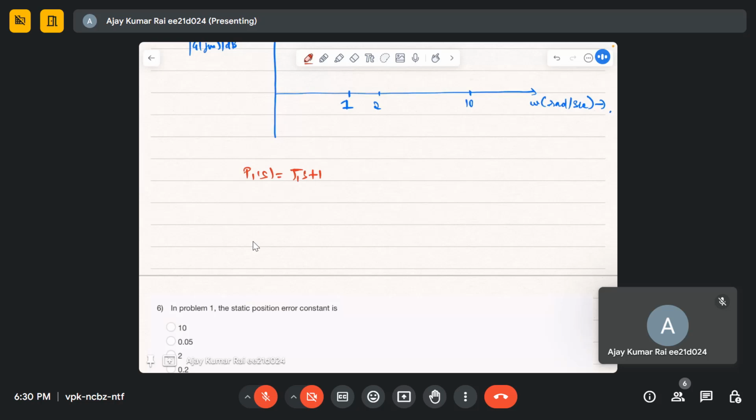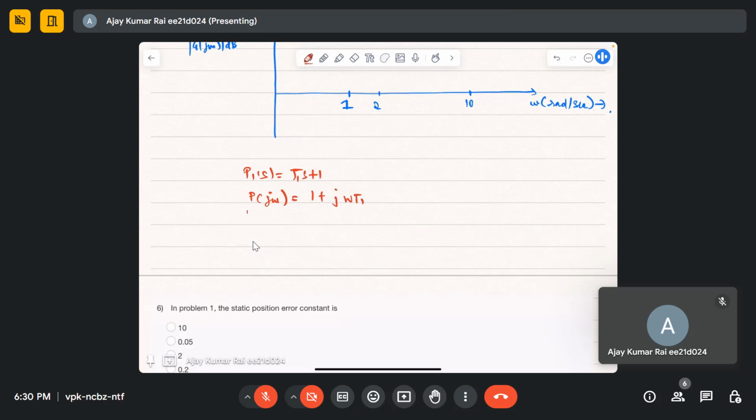The sinusoidal transfer function is 1 plus j omega T1.